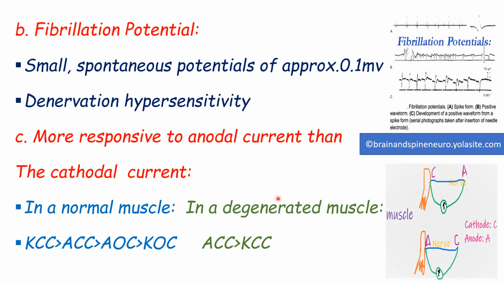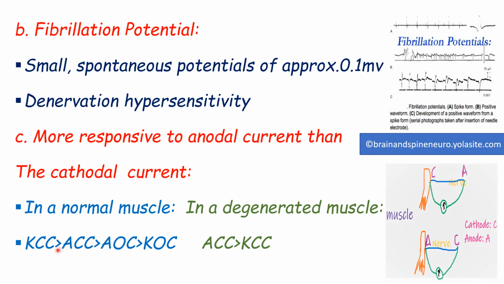What do you mean by this? Let us see, this is a muscle. Here the cathode is the stimulating electrode, and here the anode is the stimulating electrode. In a normal muscle, let us first see what is ACC and what is KCC.